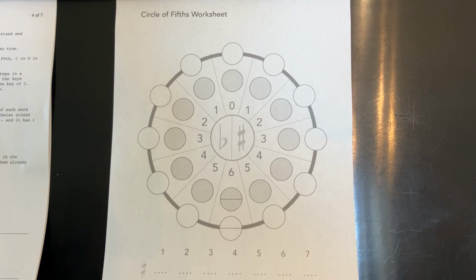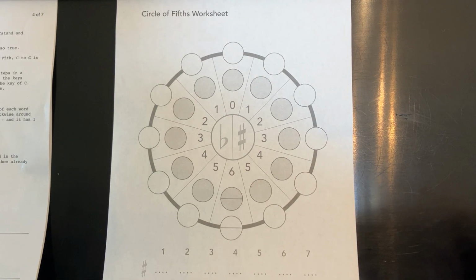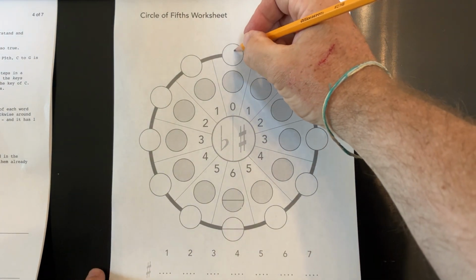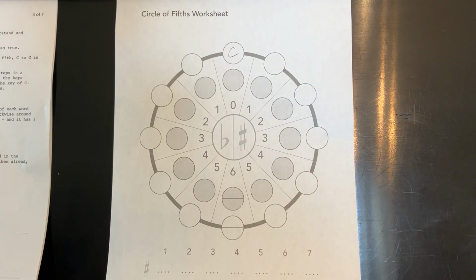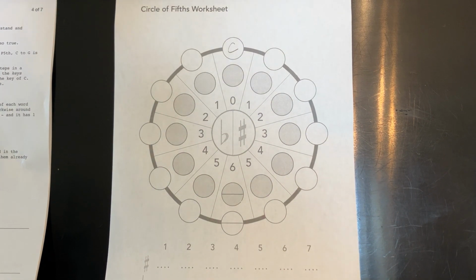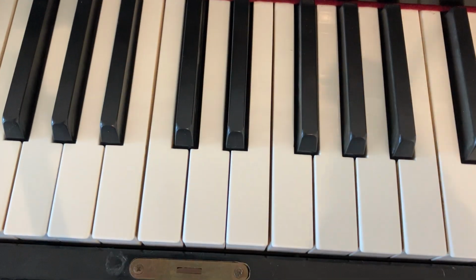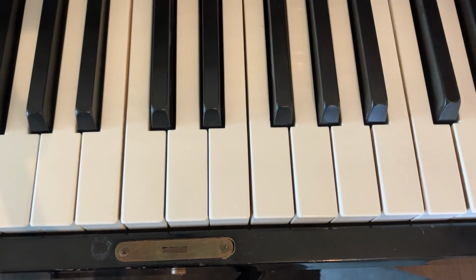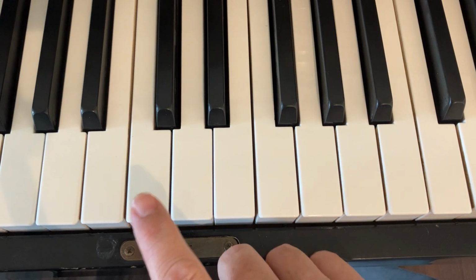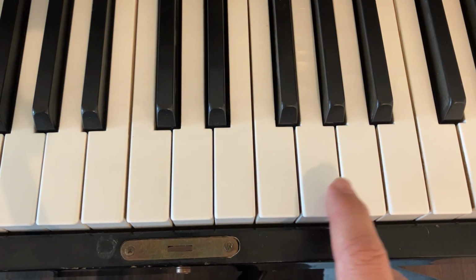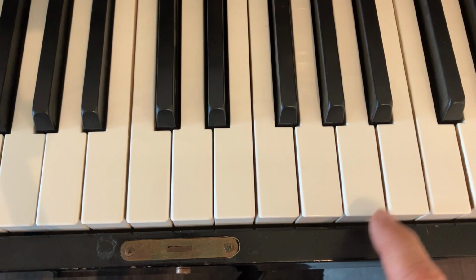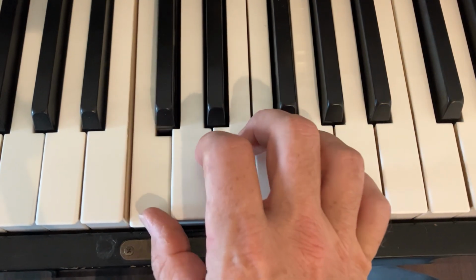We're going to start with the first key that has no sharps and no flats, which is the key of C. If you look at it on the piano, it's C, D, E, F, G, A, B. That's your major scale.